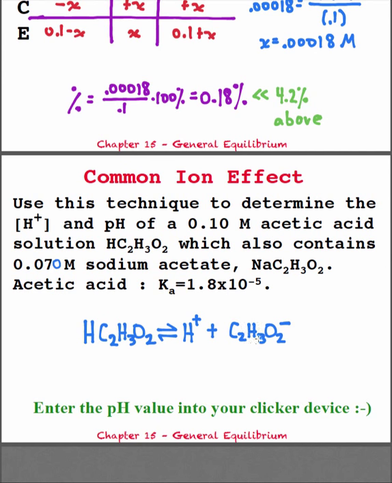Well, if I didn't have the 0.07 molar acetate ion, then I could do this just like I've been doing in the weak acid units, and the Ka is given to us, and we assume x is small, and basically it's x squared over 0.1 molar equals 0.000018. That's the constant. Solve for x and take the negative log of x, and that's the pH.